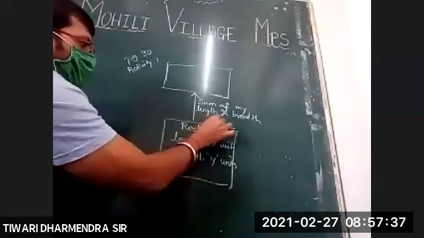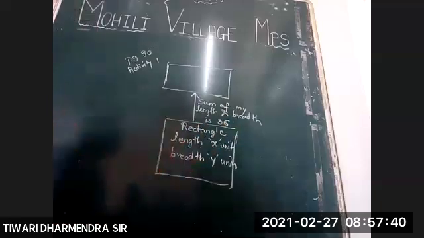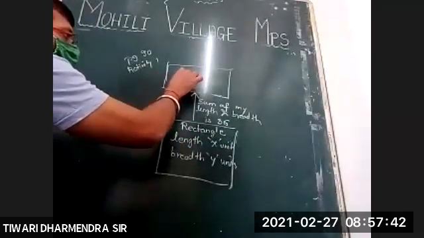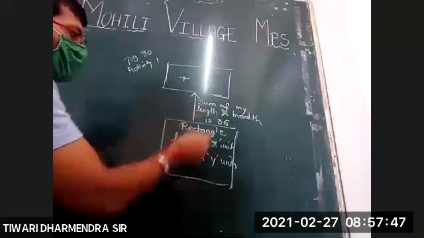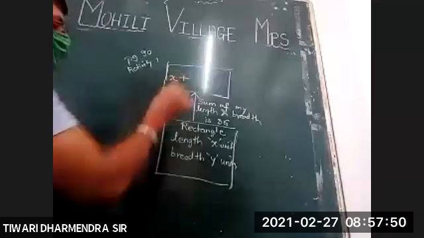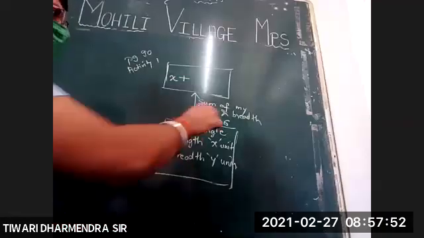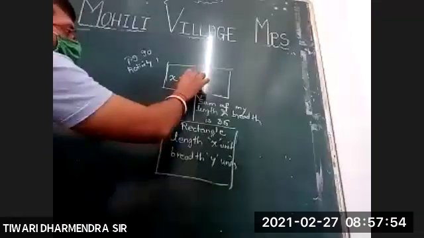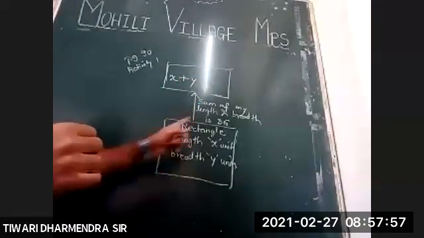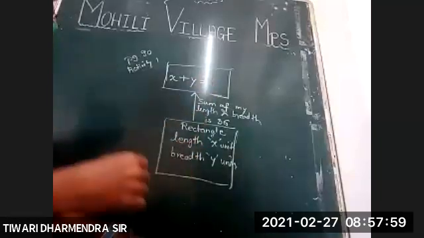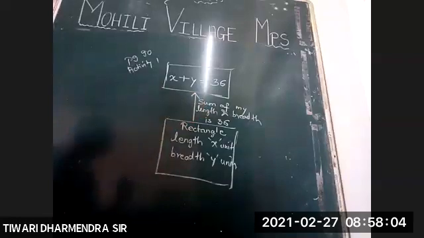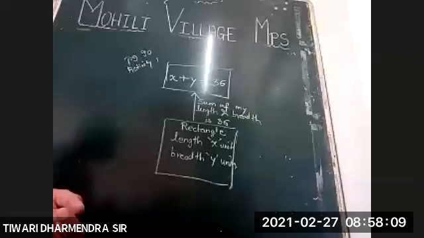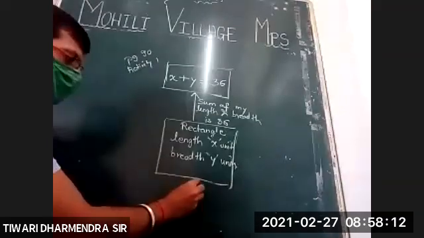Sum means plus. So x plus y is equal to 36. We are done with the first box on the top. Hope you have understood this.